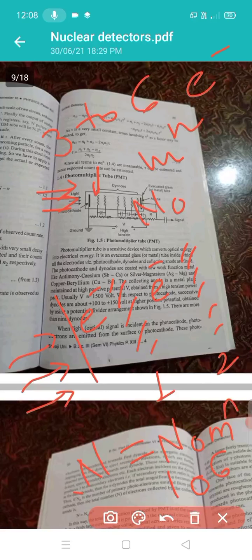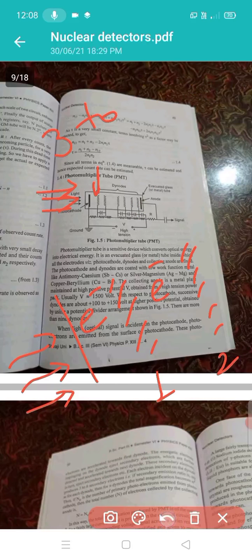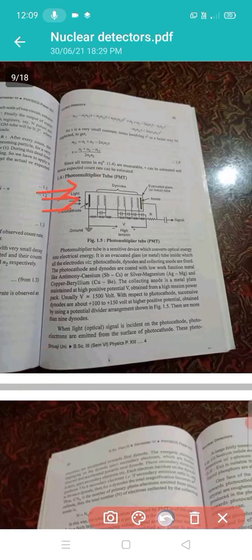See, once again I can repeat the working of the photomultiplier tube. When light is incident on a photocathode, photoelectrons are emitted from the surface of the photocathode.